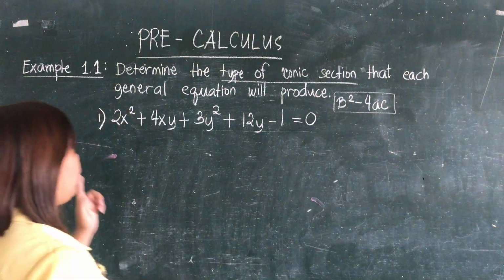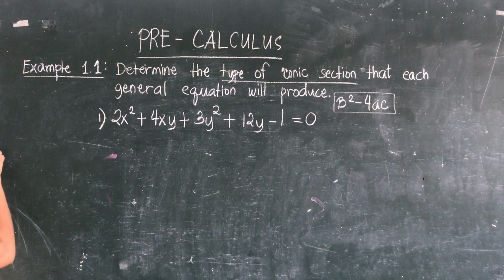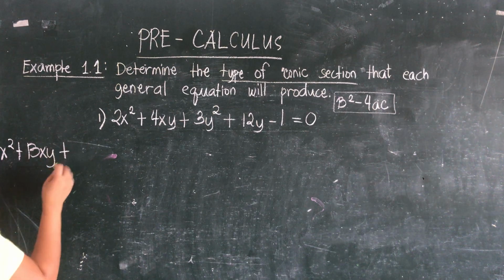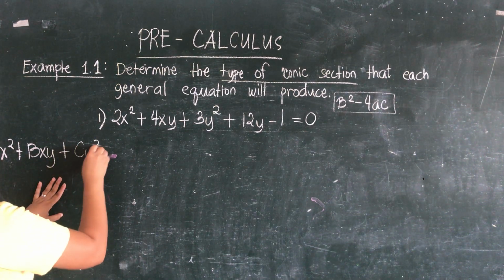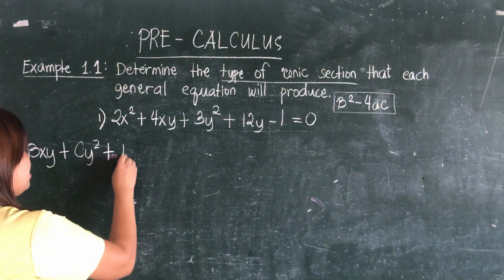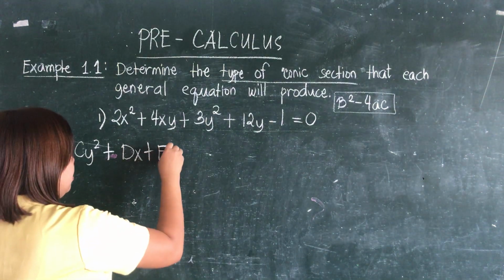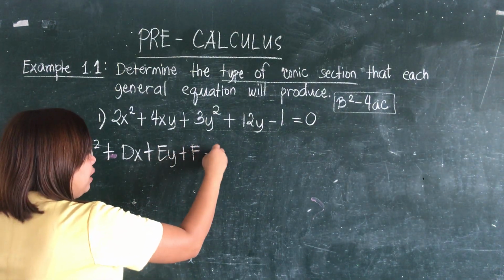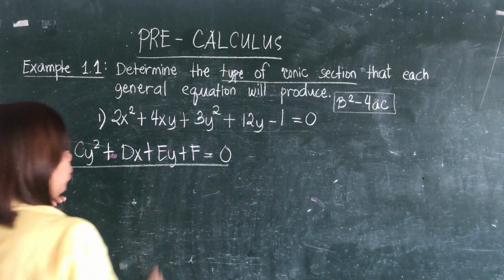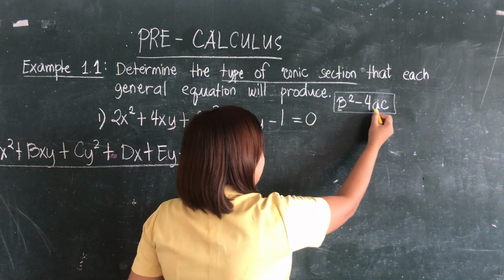And based on our equation given earlier, we have the ax squared plus bxy plus cy squared plus, what's next? Plus dx plus ey plus f equals 0.